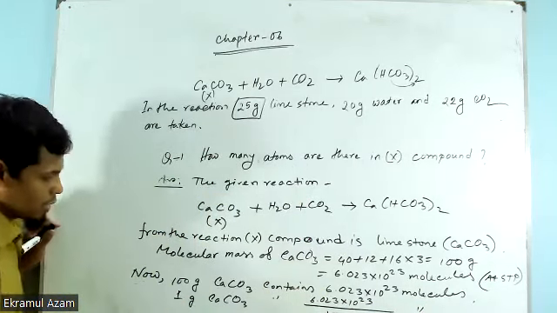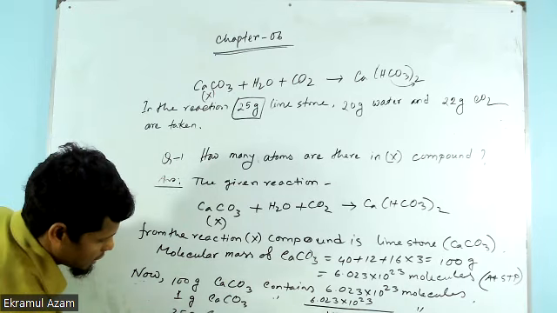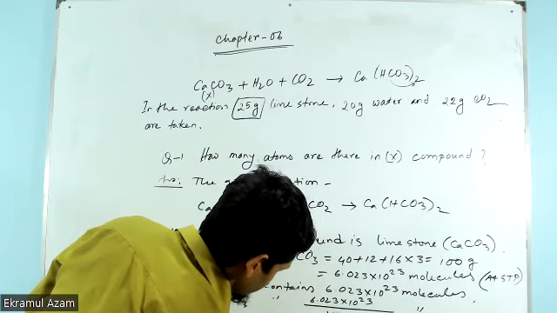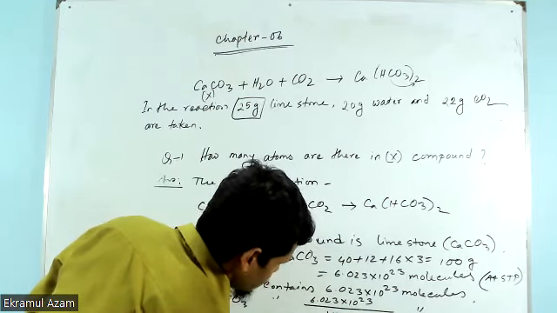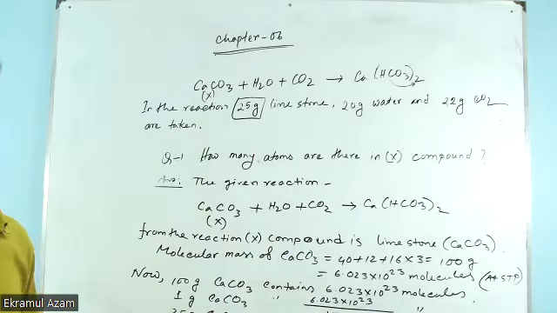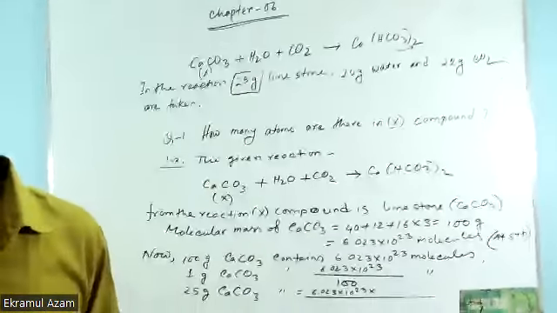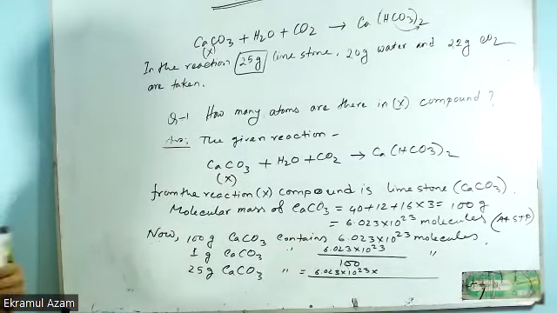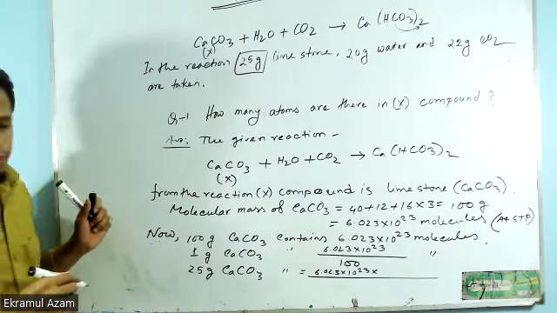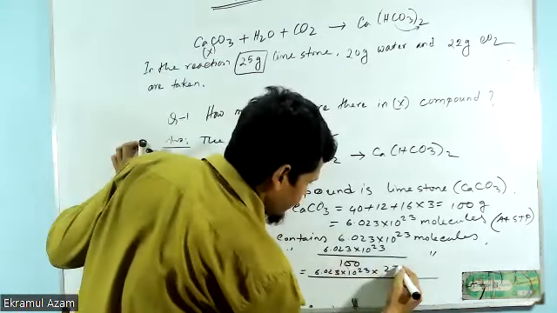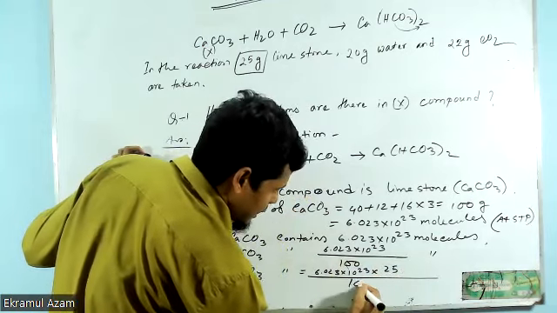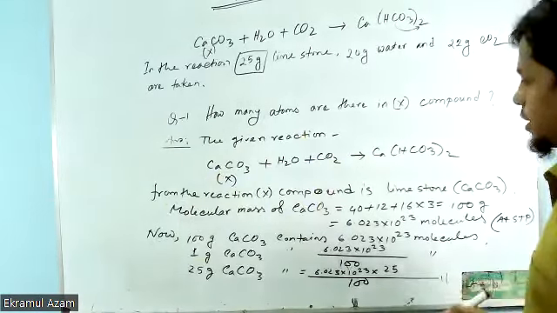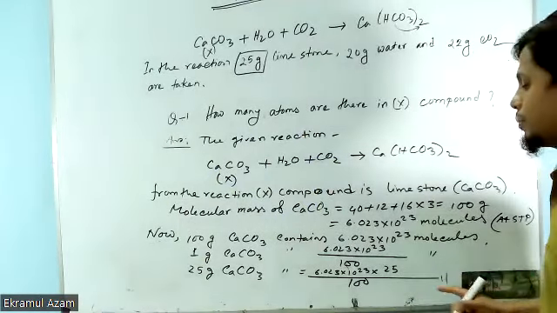Now, according to the statement, 25 gram calcium carbonate contains 6.023 into 10 to the power 23 into 25 divided by 100. 100 is the molecular mass of calcium carbonate. At first, you have to determine the total number of molecules.